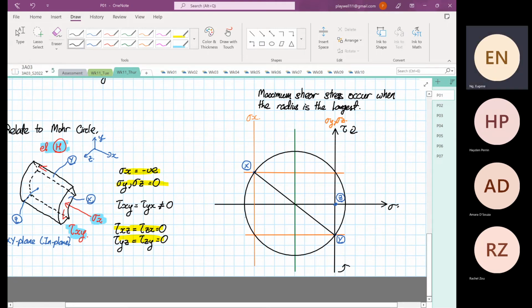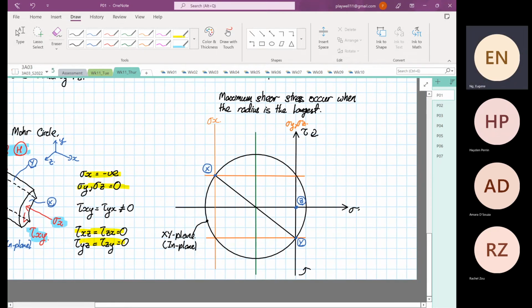So we know that this is for our XY plane, and it's the in plane. Then we are going to construct the other two circles.